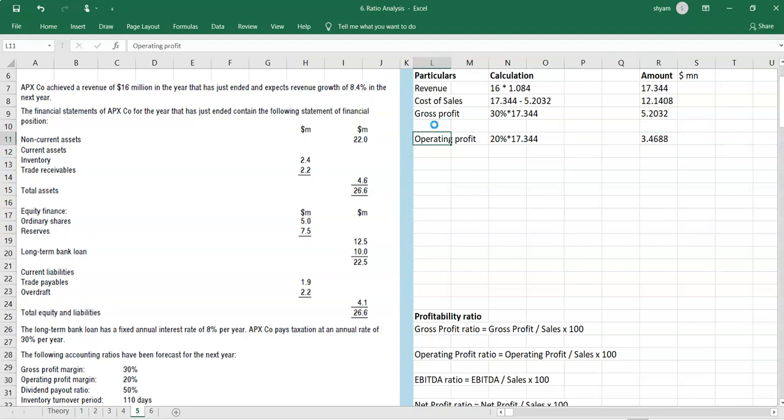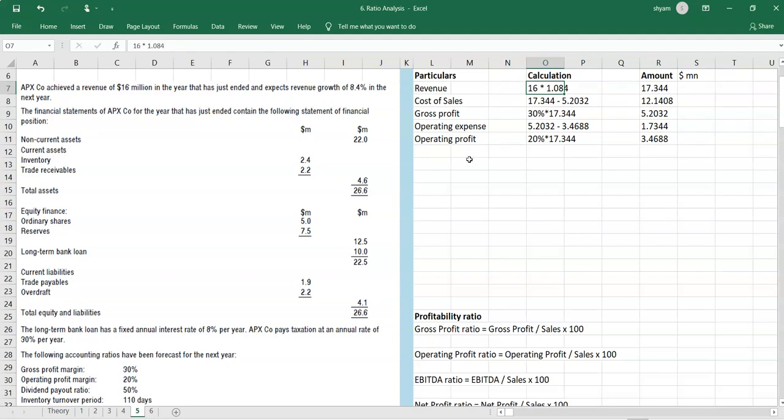The difference between these two numbers would be the operating expense. So that's about the operating profit. Thereafter, from operating profit, we can have interest and tax and things like that.